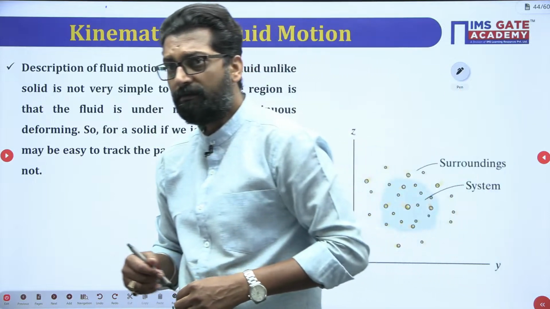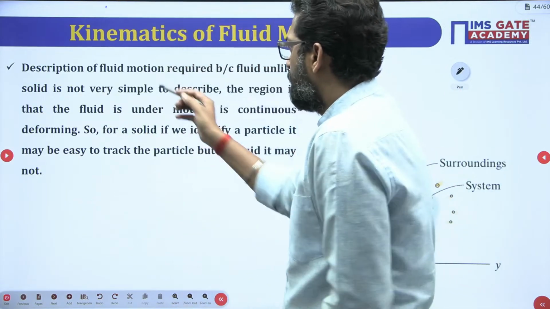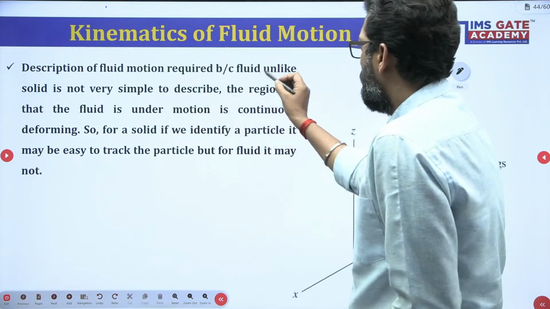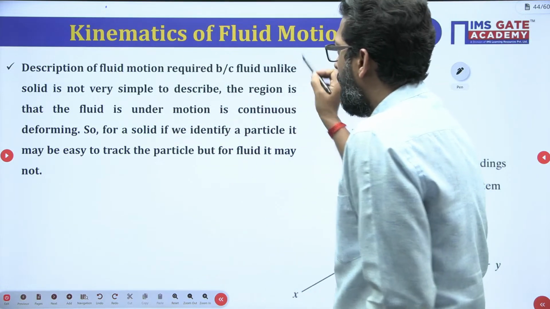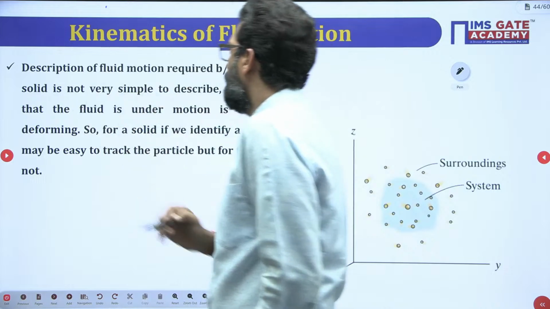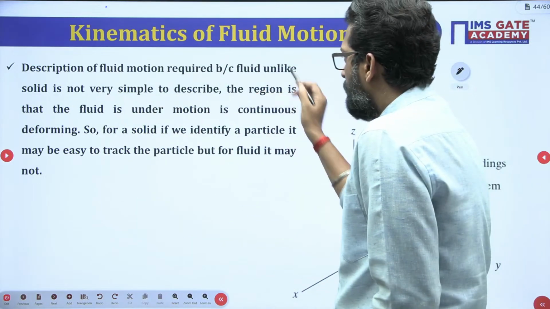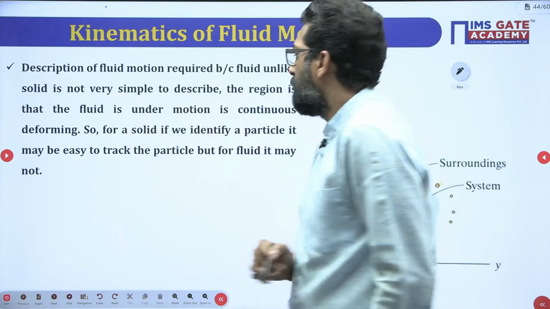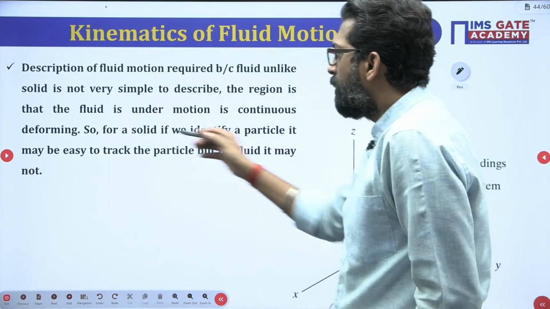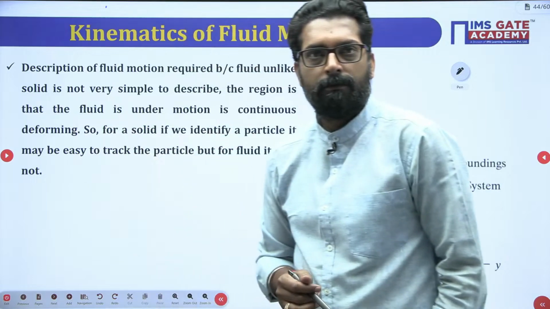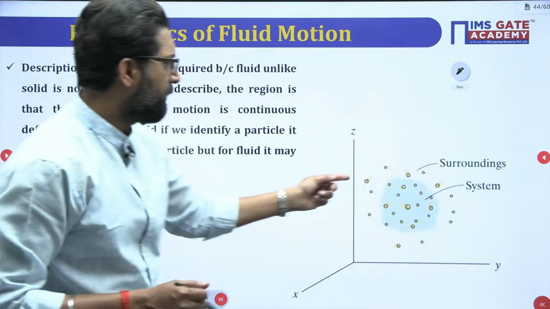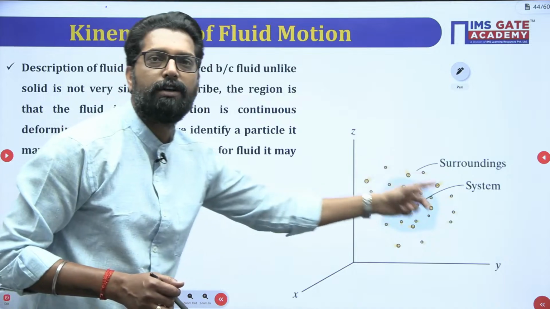So the description of fluid motion is required because fluid, unlike solid, is not simple to describe. The reason is that a fluid in motion is continuously deforming, that means each and every particle is continuously deforming.